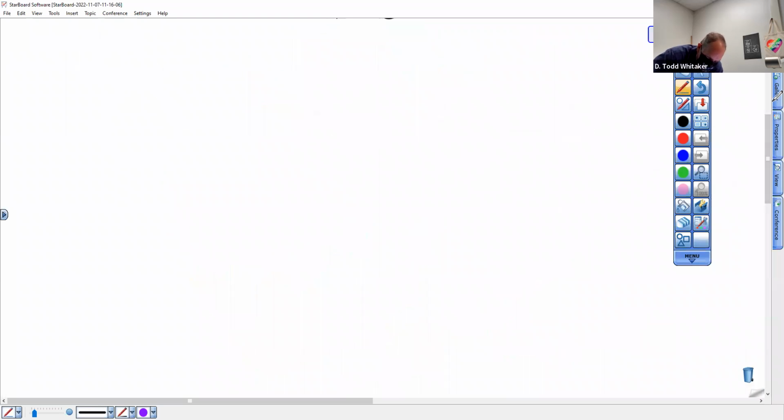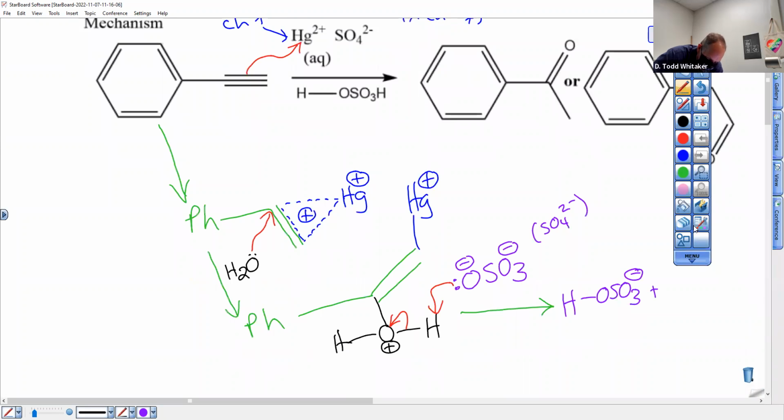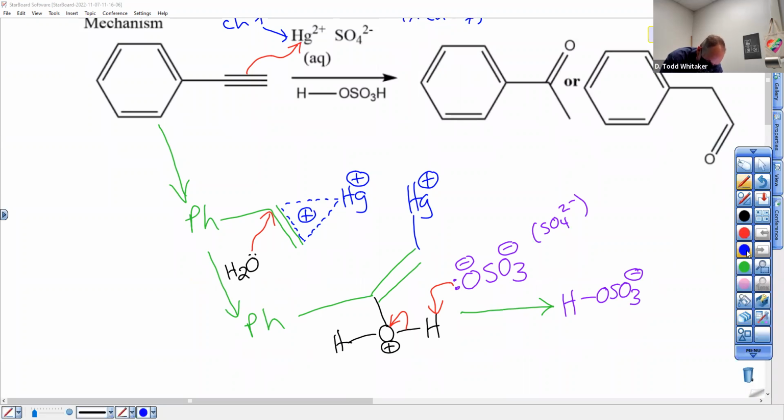Whoa, sorry about that. I'm going to try to not go much more to the right here. So I'm going to put this underneath. You got your double bond with your mercury. And you got your phenyl.